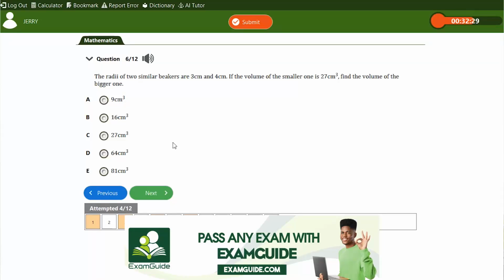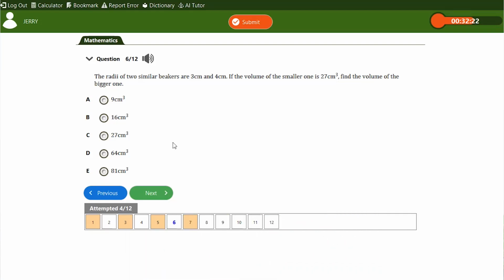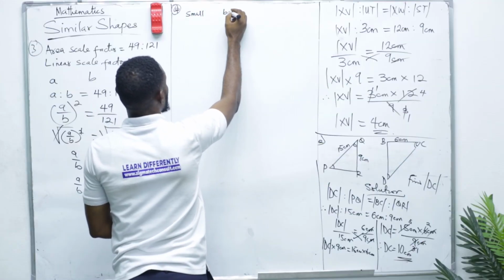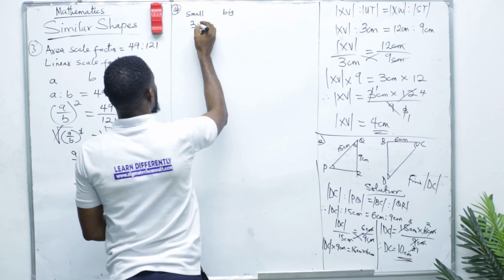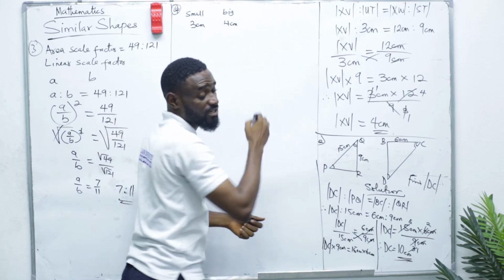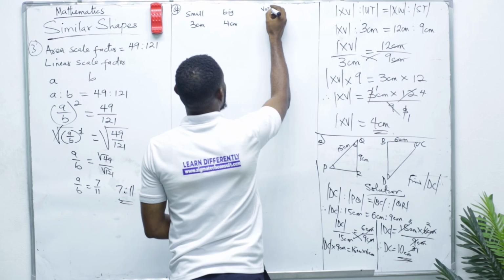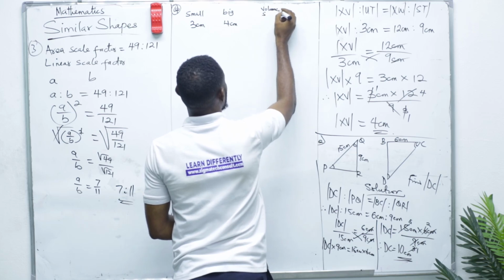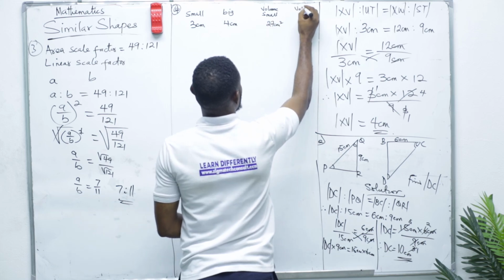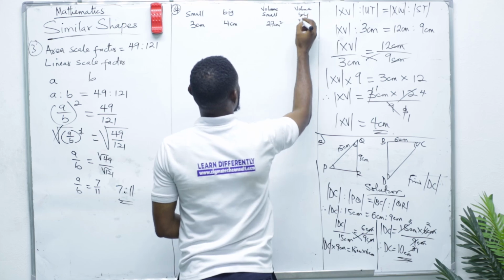Let's look at that question again. The question says the radii of two similar shapes, the small one and the big one. The small one is 3 cm, the second one is 4 cm. The volume of the small one, they said, is 27 cm cube, while the volume of the big one, they didn't give it to us.